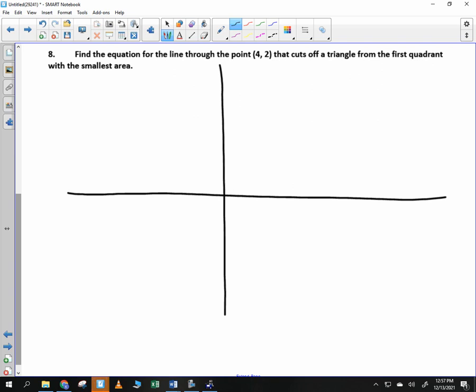Find the equation for the line through the point (4, 2) that cuts off a triangle from the first quadrant with the smallest area.